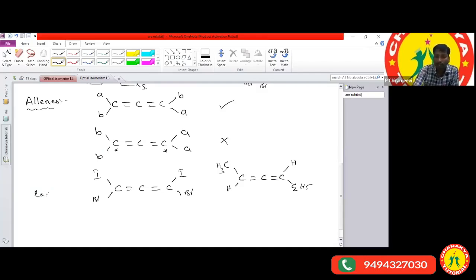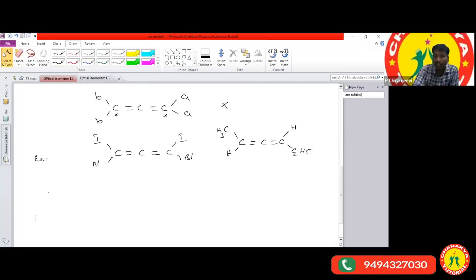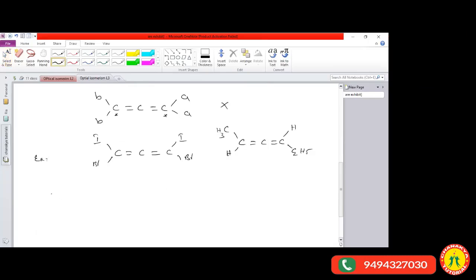I gave two examples here. No, sir, they won't exhibit optical isomerism.